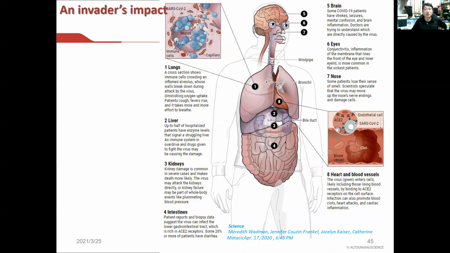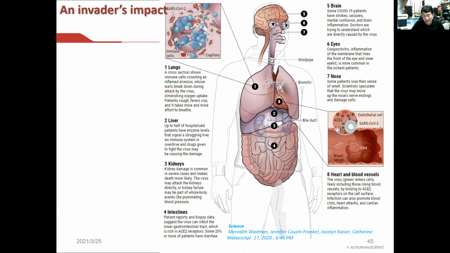Some people will lose their sense of smell. They cannot smell anything, right? They cannot taste or smell the delicious food. Blurred vision in the eyes, diarrhea. So the impacts are huge.